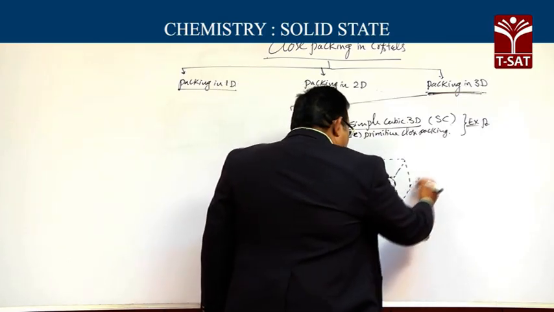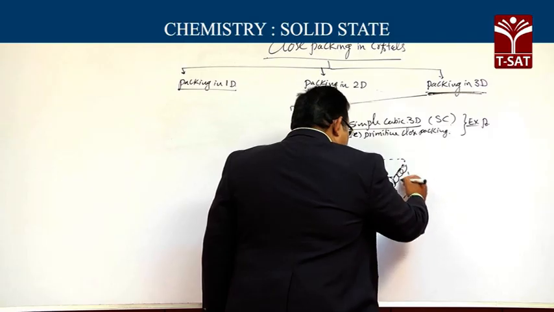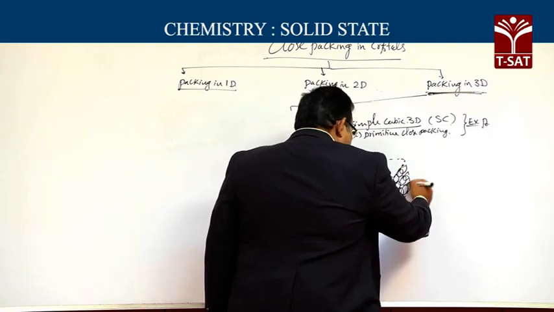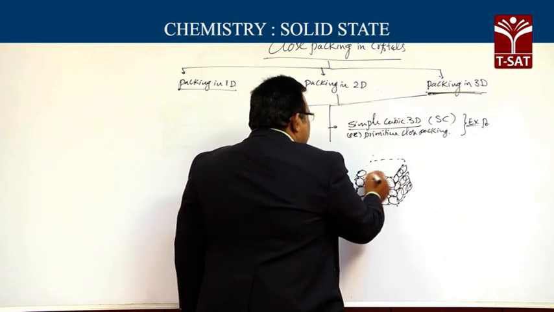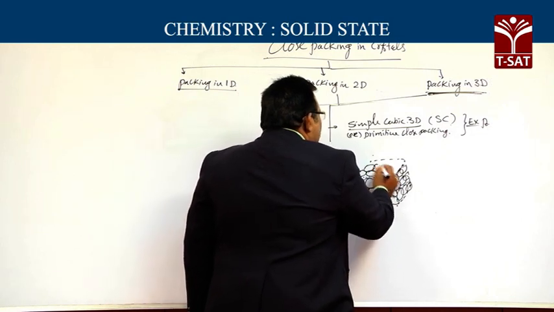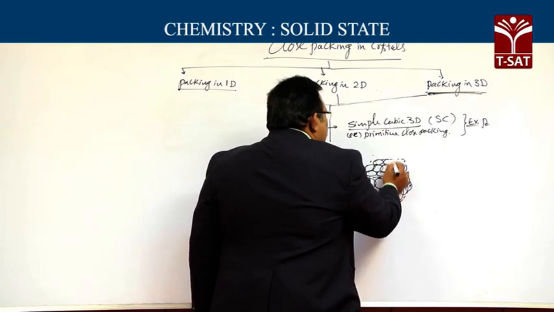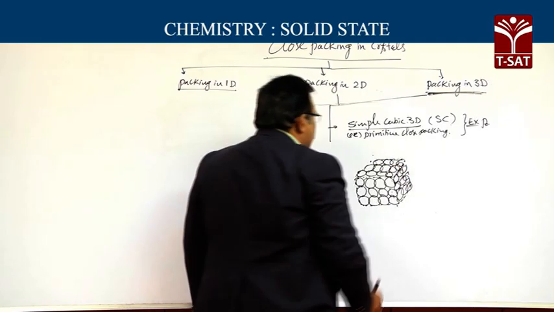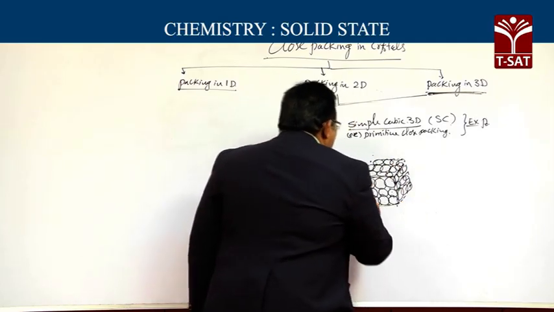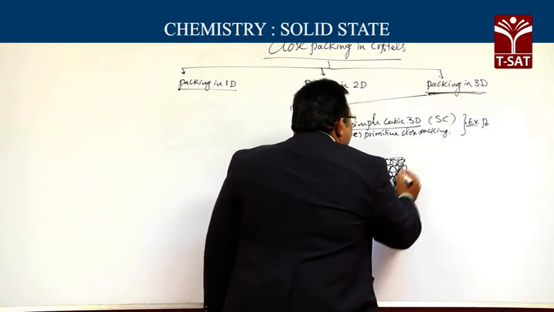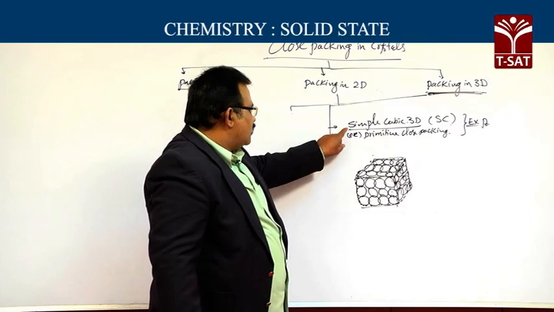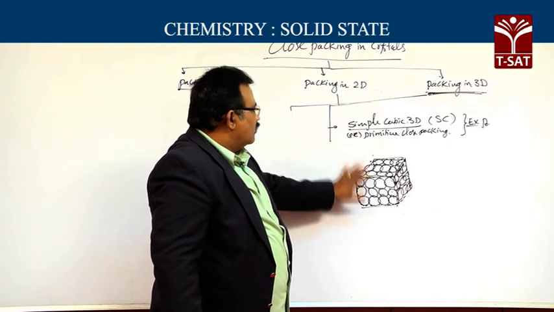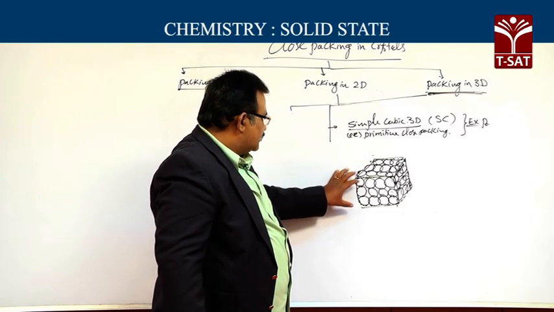Along this y direction, if spheres are arranged, and along the z direction, if spheres are arranged, then we will get a simple cubic structure.